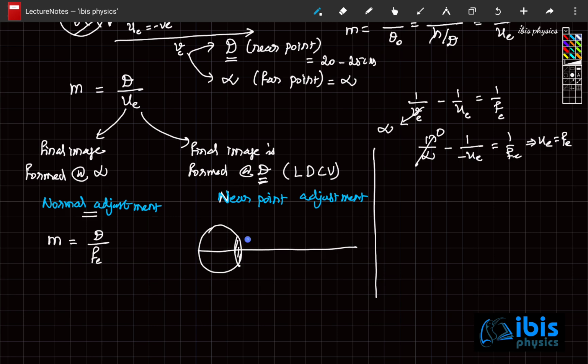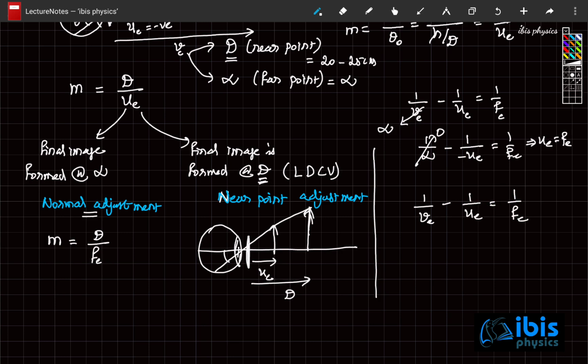We keep UE in front of the eyepiece such that the final image is formed here at D distance, the least distance for clear vision. So what should be the distance UE? 1 by VE minus 1 by UE equals 1 by FE.